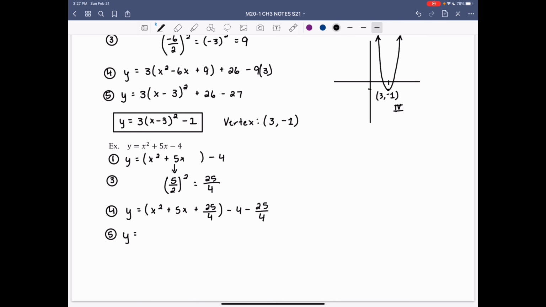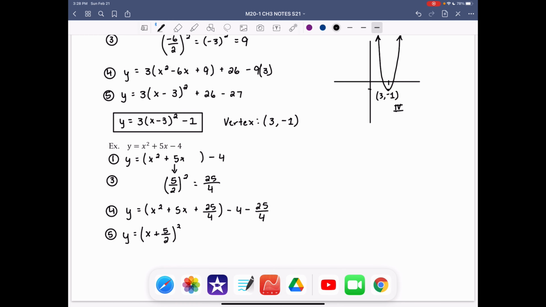Square root of x squared is x. Square root of 25 over 4 would be 5 over 2. Square root of 25 is 5. Square root of 4 is 2. The middle term, 5x, has a positive in front of it, so plus. And then square that binomial. And minus 4 minus 25 over 4.